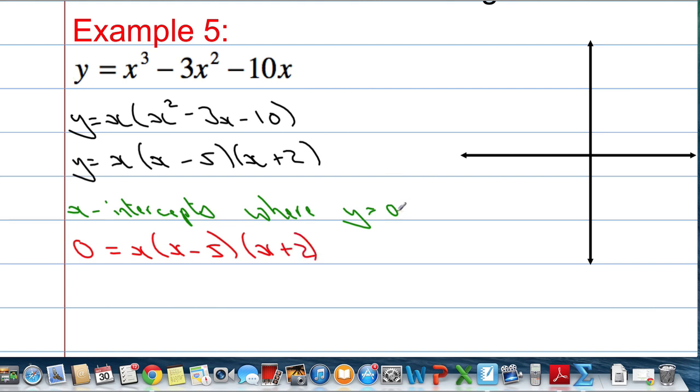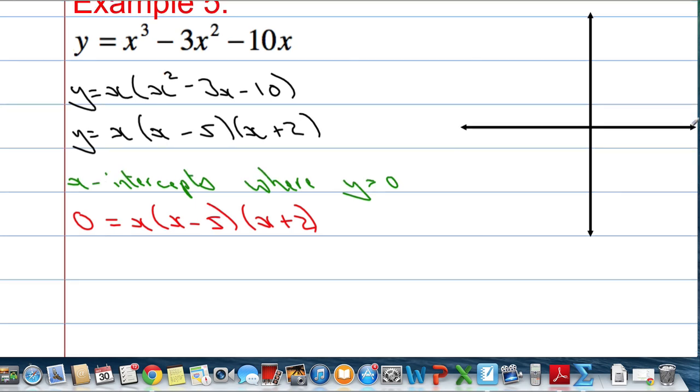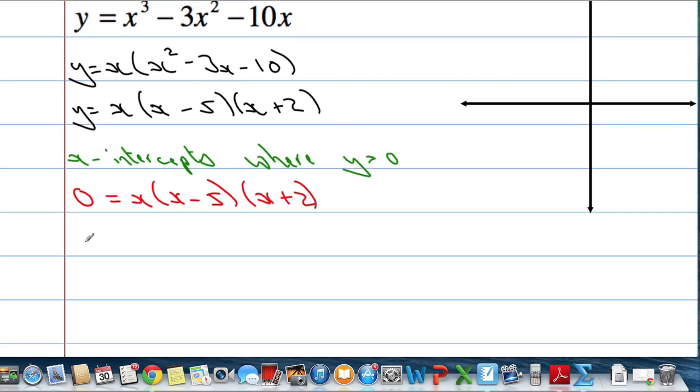So we're substituting y equal to 0 back in here. Okay, so what values of x will make this 0? Well, if x equals 0, so if this x is 0, doesn't matter about the rest, 0 times whatever's here is still going to be 0. So when x is 0, y equals 0.